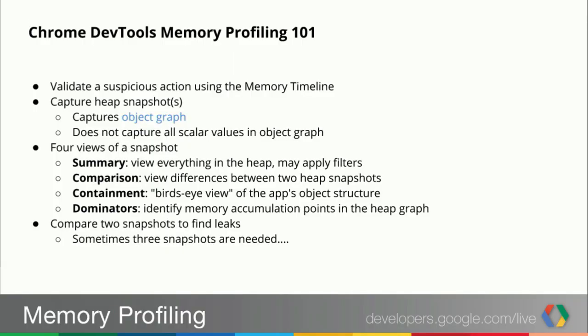So we can use that to capture a heap snapshot, which will show you all the objects that are in the graph that John just talked about. It does not capture scalar values, which were the green nodes. Yes. Green nodes. Yes. In the graph that we saw. But it does show you all the JavaScript objects that are allocated. There are 4 views of a snapshot, and you'll see these in the demo as well.